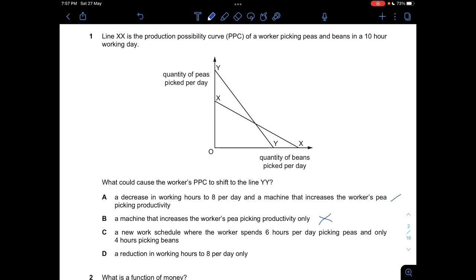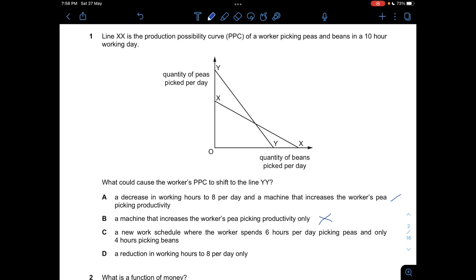C, it says a new work schedule where the workers spend 6 hours per day picking peas and only 4 hours picking beans. Now, even though the workers spend 6 hours per day picking peas, that doesn't exactly mean that the worker would pick a higher quantity of peas. Supposedly, for picking peas and beans in a 10-hour working day, you allocated 6 hours to just picking peas and then only 4 hours to pick beans.